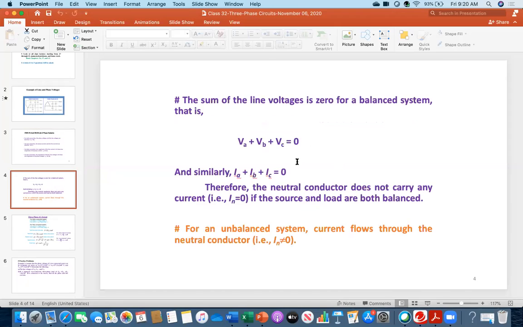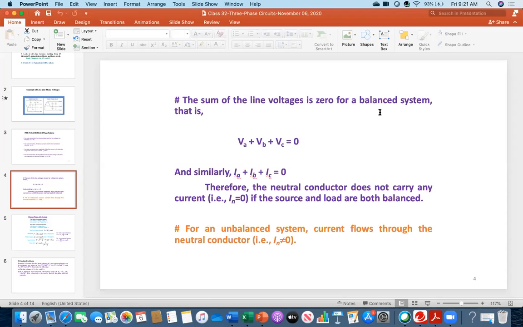What I am telling here, everybody see, is that the sum of the voltages is 0 for a balanced three-phase system. This means VA plus VB plus VC is 0, and similarly IA plus IB plus IC is 0. Probably you remember that in the last class I mentioned that a three-phase system can be of two types: balanced or symmetrical, and unbalanced or unsymmetrical.